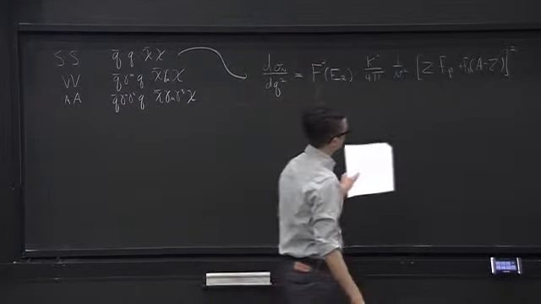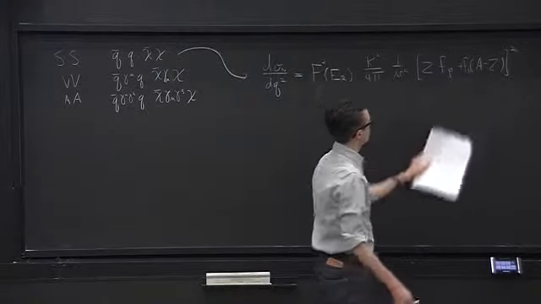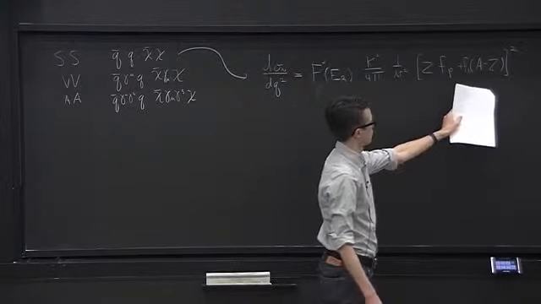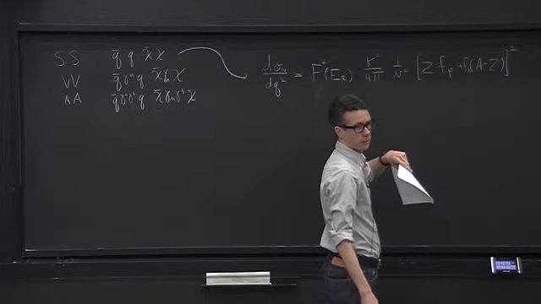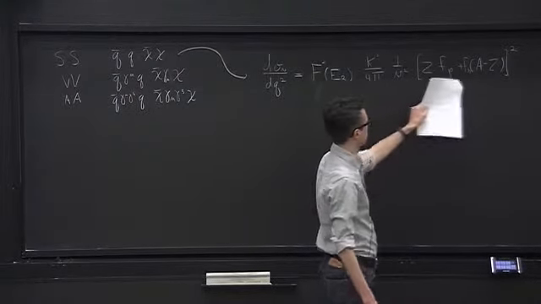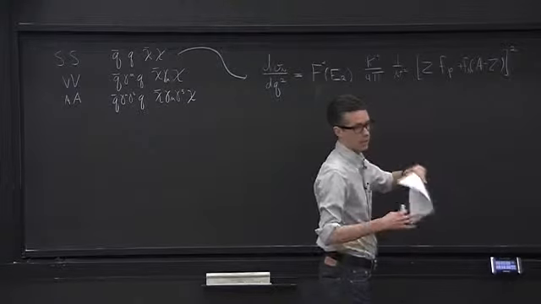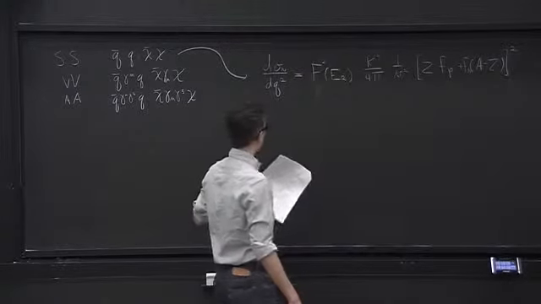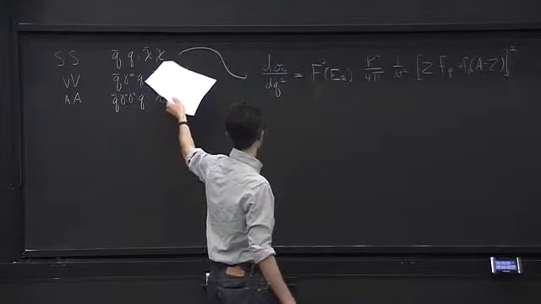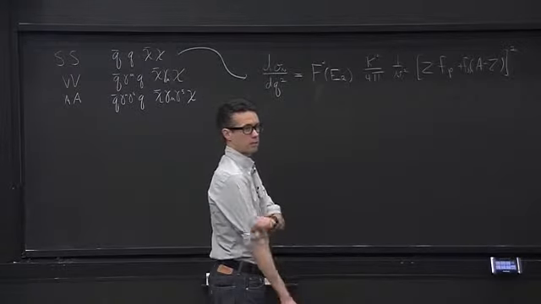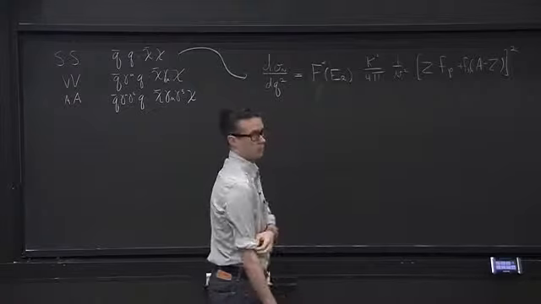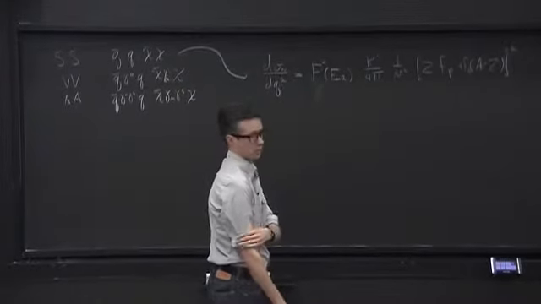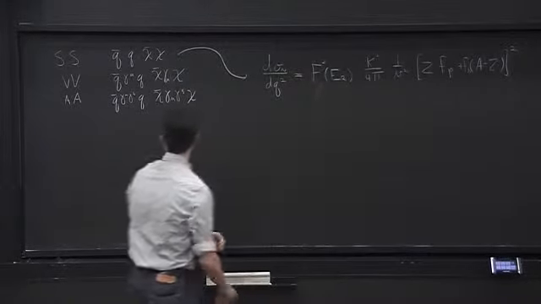In a lot of cases, you find that Fp is equal to Fn, in which case this reduces to A squared times Fp squared. And you see you can get a coherent enhancement of the scattering rate. For that reason, we call the scalar-scalar reactions spin independent, because you don't care about the spin state of the target nucleus. You just care about how many nucleons it has and your relative couplings to each.